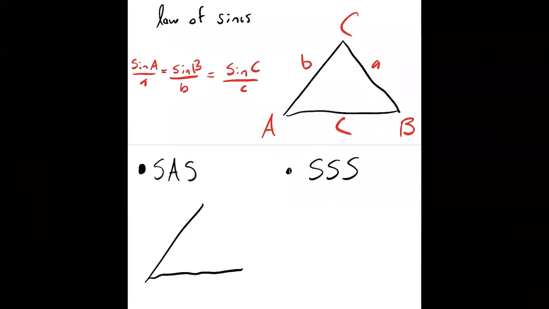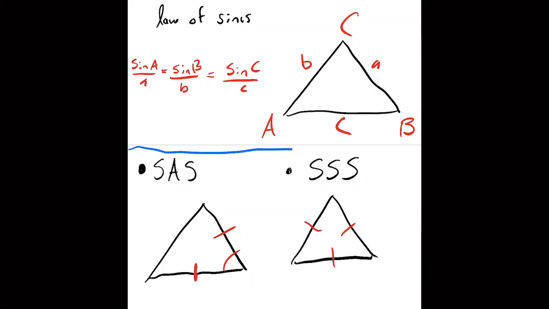So in this case, let's see why the law of sines doesn't work here. Here we have a side, an angle, and a side. And here we only have all the sides. The reason the law of sines won't work in these two cases is that for the law of sines to work, you need a side and the opposite angle.